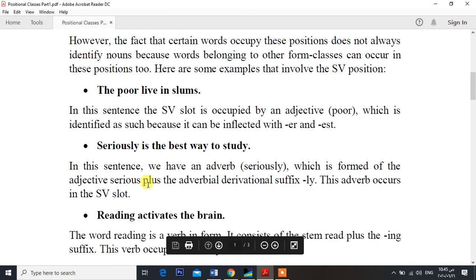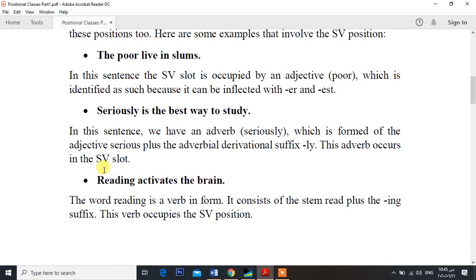This adverb consists of the adjective serious and the adverbial derivational suffix ly. This adverb occurs in the SV slot, or in the SV home, just like our first example. They are taking the SV home or the SV slot.